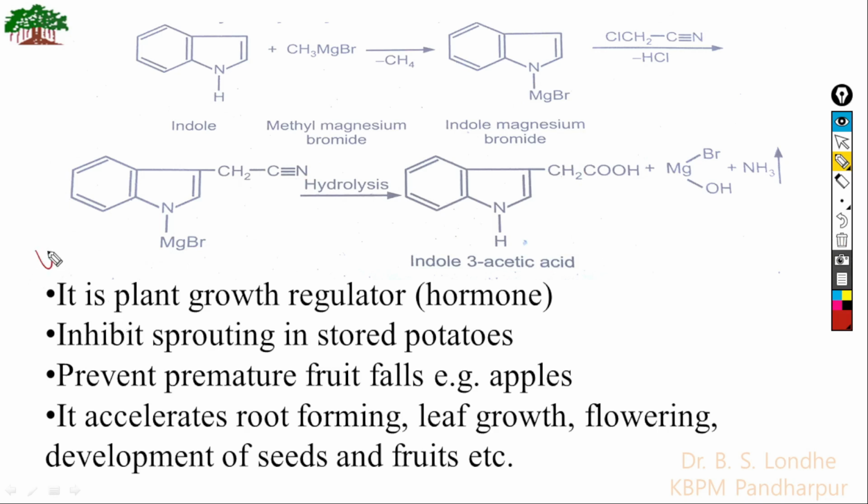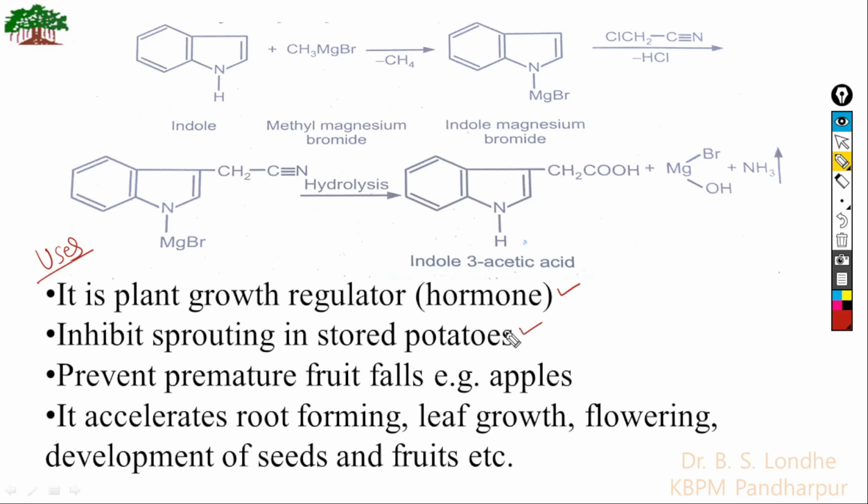Uses of indole 3 acetic acid are: it is plant growth regulator, that is plant growth hormone. It inhibits sprouting in stored potatoes. This is the major problem with potato producing farmers, that potatoes produce sprouting.